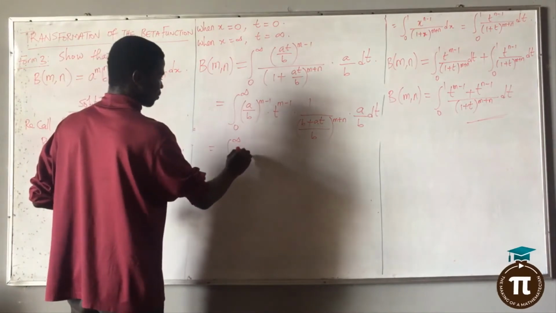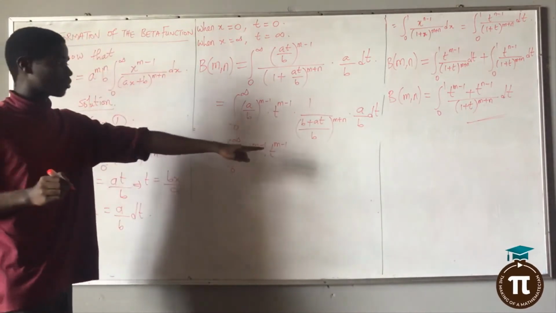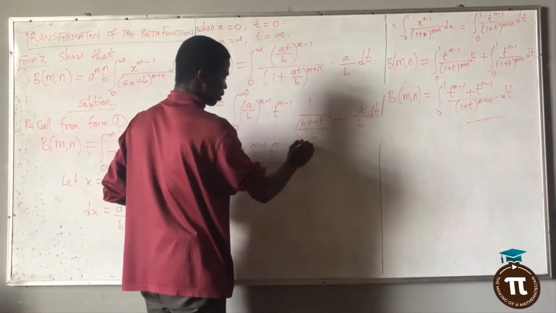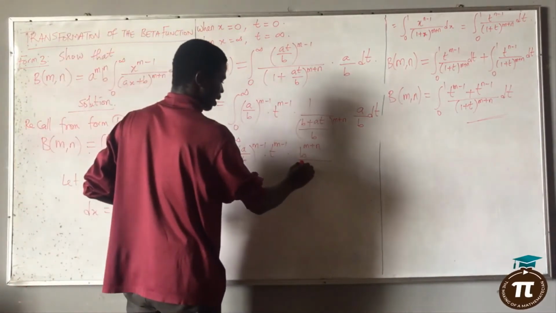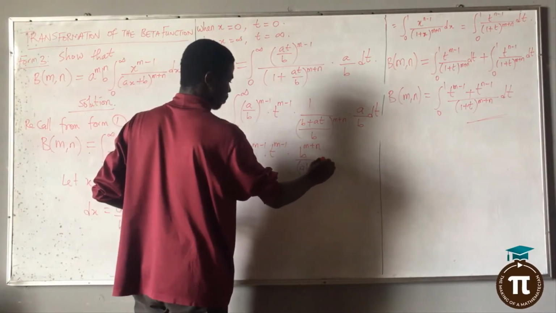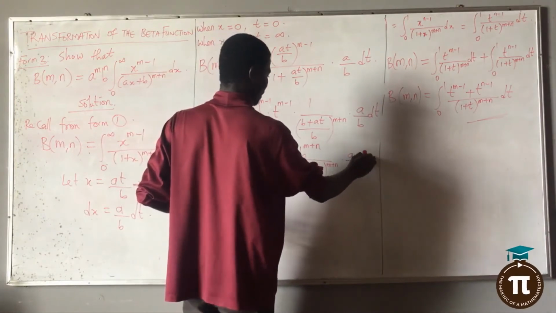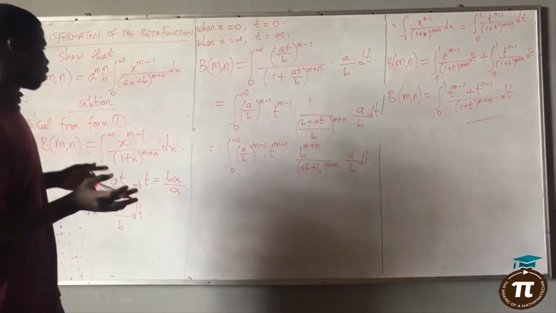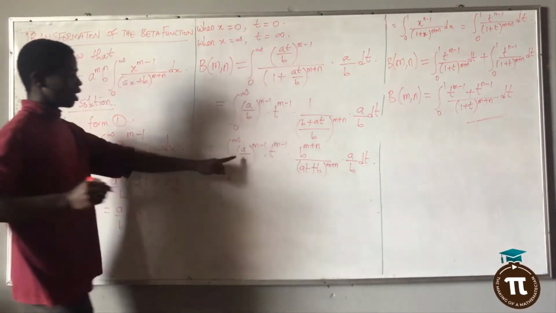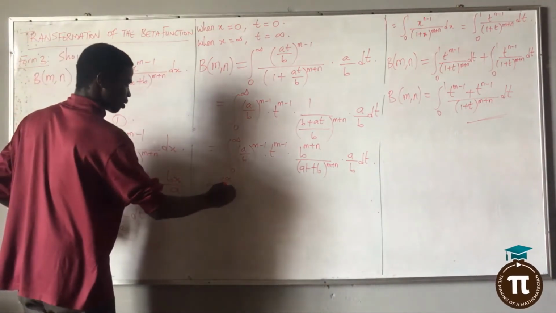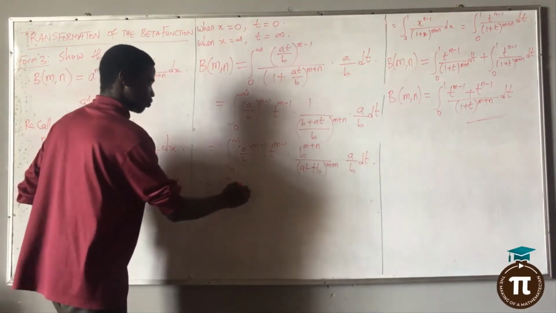This is A over B raised to the power of m minus 1 multiplied by T m minus 1. Then this one will be B raised to the power of m plus n over AT plus B raised to the power of m plus n multiplied by A over B dt. So to round it off, this one will become integral from 0 to infinity. I will pick only A. A is A raised to the power of m minus 1. Then another A is here, that's plus 1.